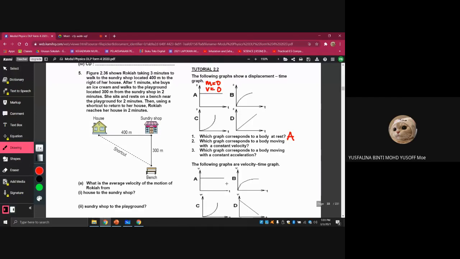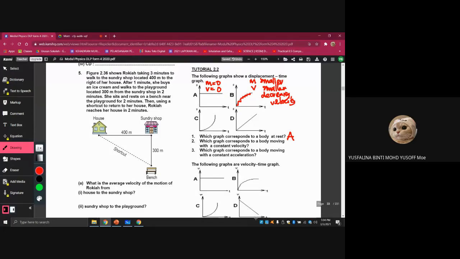For B, if I draw the triangle here, you can see the triangle becomes smaller. When the triangle becomes smaller, the gradient becomes smaller, so v also becomes smaller. This is a decreasing velocity.